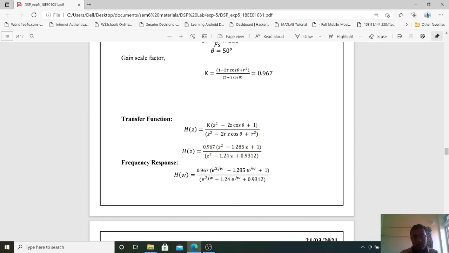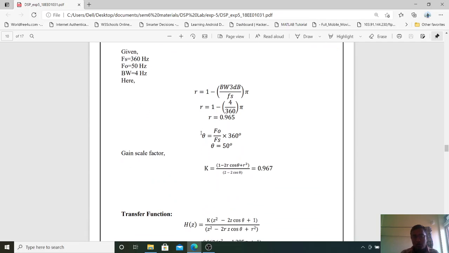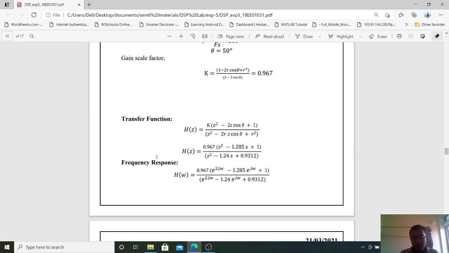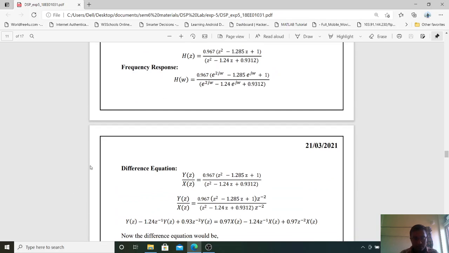Here again the formula for H of z is this, and I have calculated everything according to the given formula, and after that I got H of z as this transfer function. Again the poles are inside the unit circle, so we will put z equal to e to the power j omega for getting the frequency response.